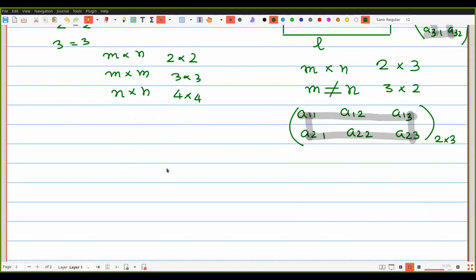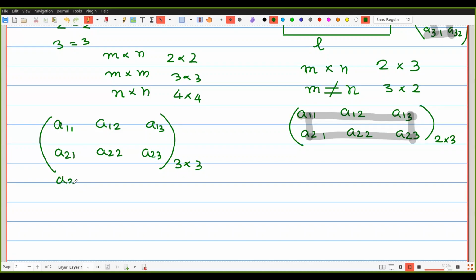Let's check. Suppose we have a 3 cross 3 matrix. A11, A12, A13, A21, A22, A23, A31, A32, A33.